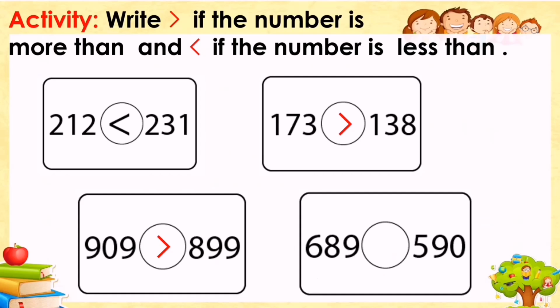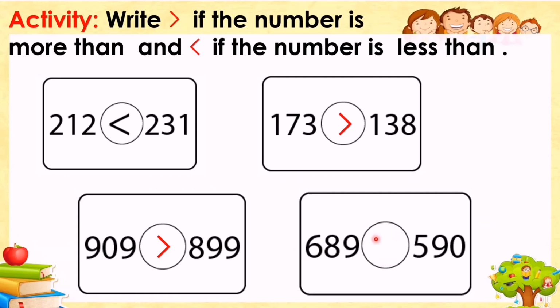Let's have here the last one, 689. Let's compare to 590. What do you think is the bigger number here? Is it 689 or 590? What should be the symbol that we will put here?